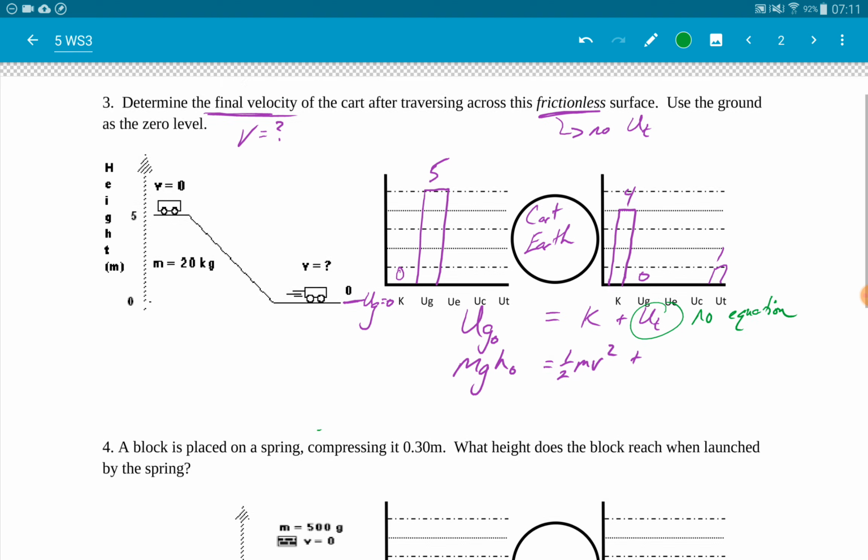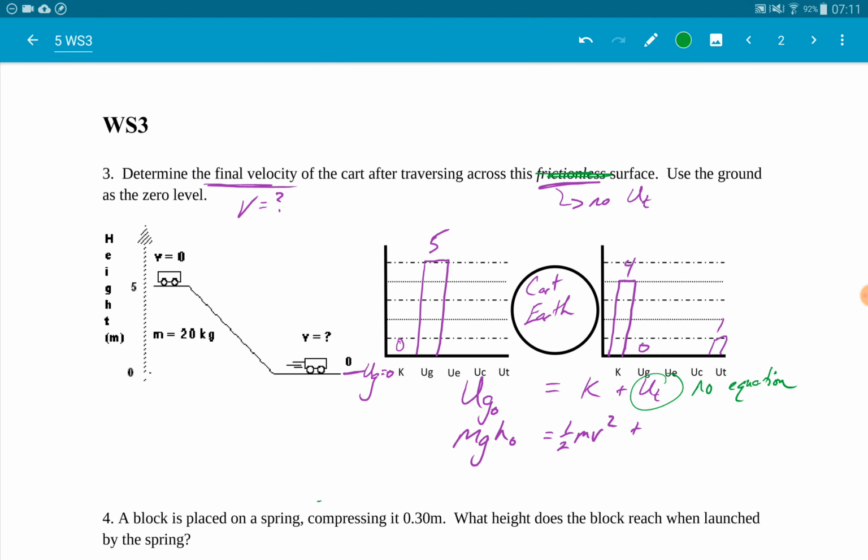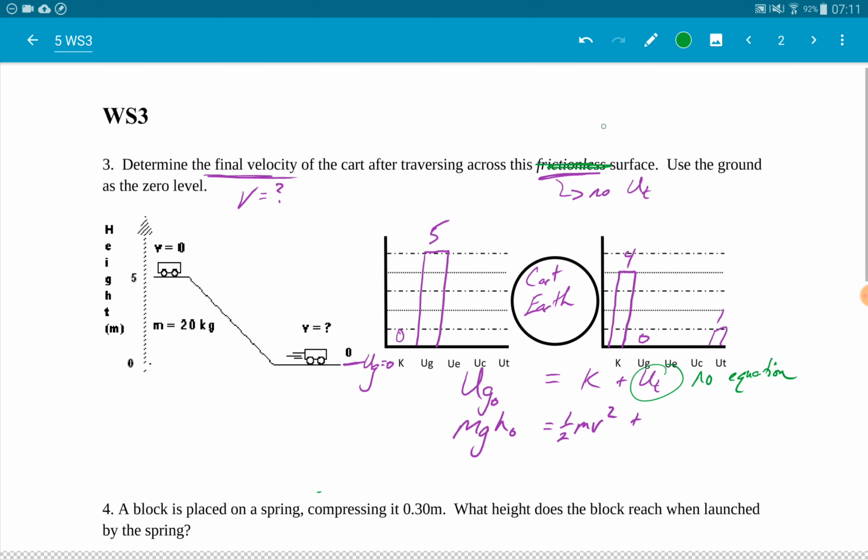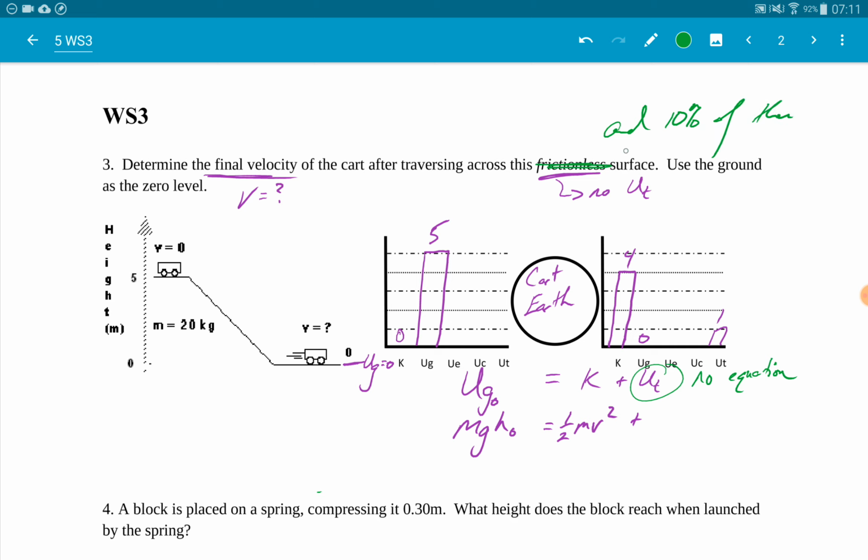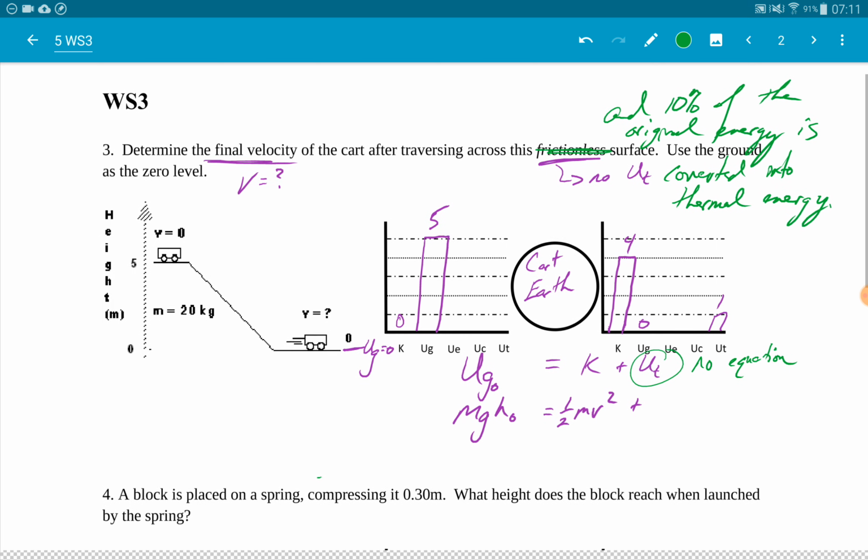Instead of saying it's going across a frictionless surface, I might say it's going across this surface and 10% of the original energy is converted into, or lost to, thermal energy. So you would have to be given some sort of statement like that, usually just a percentage of the energy that's actually being converted.